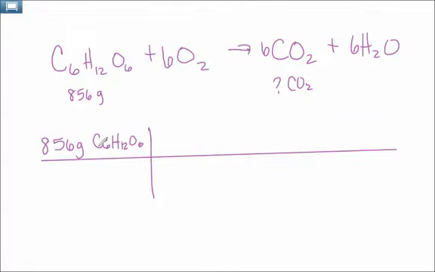so it'd be 6 times 12.01, oops, 12.01 times 6 plus 12 times 1.01 plus 6 times 16. 180 even? Close enough, or what is it?